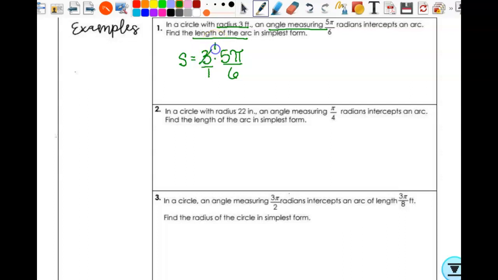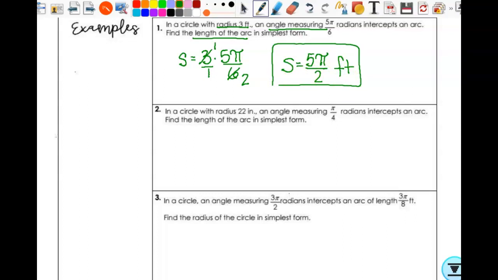So 3 goes into 3 once, goes into 6 twice. So my arc length is 5 pi halves. And what are my units here? Feet. It's like perimeter. Easy enough? It's really a basic little concept that we just need to know to do the next thing that we're doing.